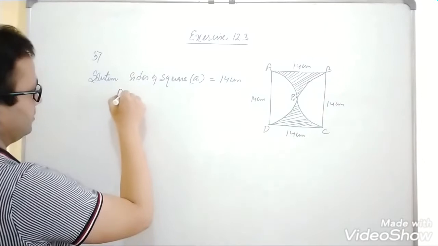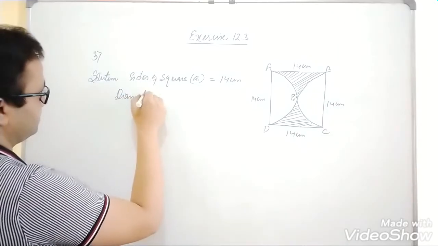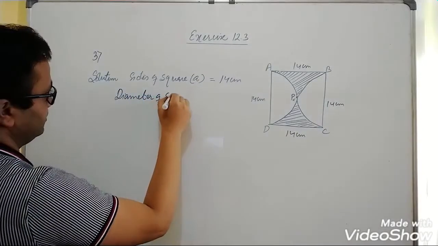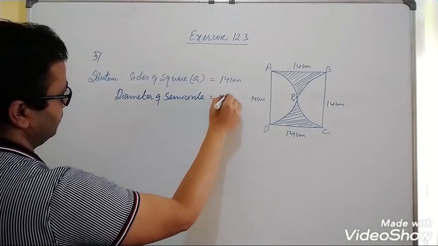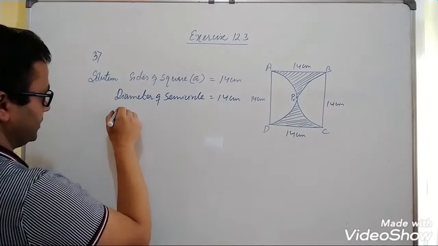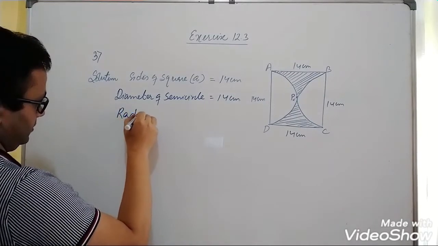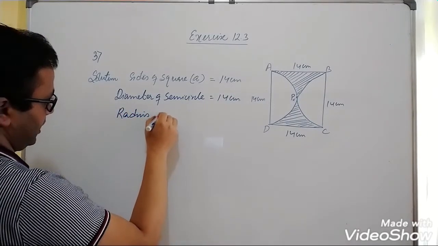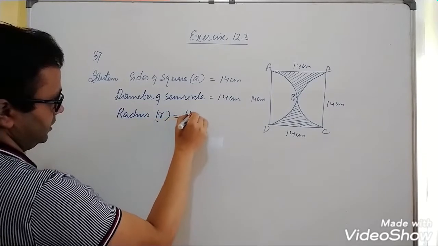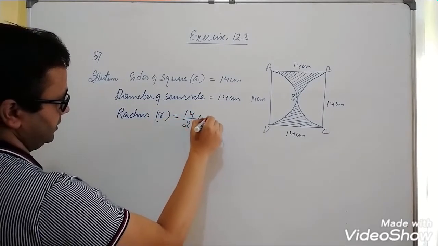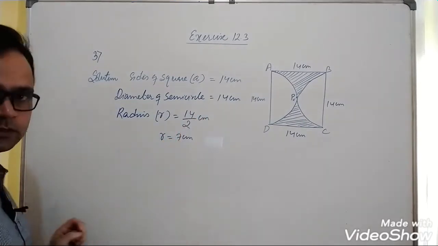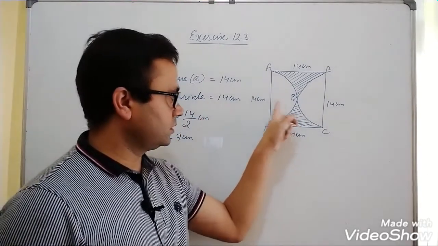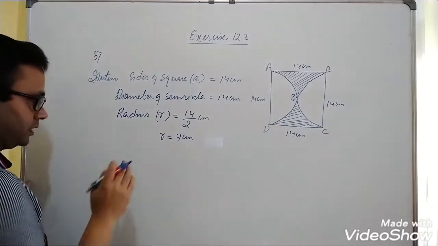So the diameter of the semicircle equals 14 centimeter. Radius r equals 14 divided by 2, that is 7 centimeter. So the radius of the semicircle is 7 centimeter.